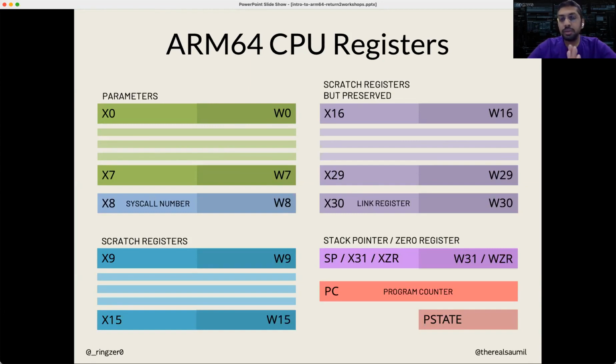Now, for those of you familiar with the way link registers work in ARM32, it is the same. The link register is used to store return addresses from a subroutine. In ARM32, you could call it LR, and an assembler would understand it. But here, they have not chosen to give names like LR. Instead, this register is always referred to as X30.